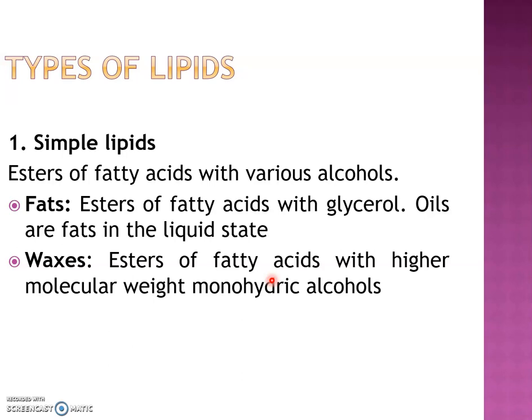Based on the hydrolysis product, lipids are classified into two categories: simple lipids and compound lipids. Simple lipids are lipids which on hydrolysis give two fragments, that is fatty acids and alcohol. This type of lipids are called simple lipids. Classical examples for simple lipids are oils, fats, and waxes.